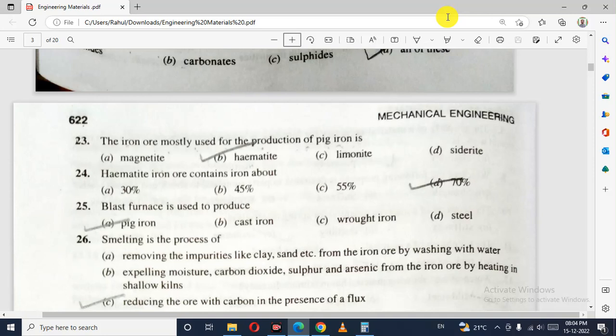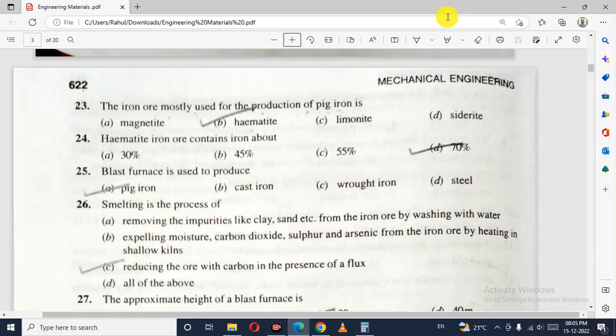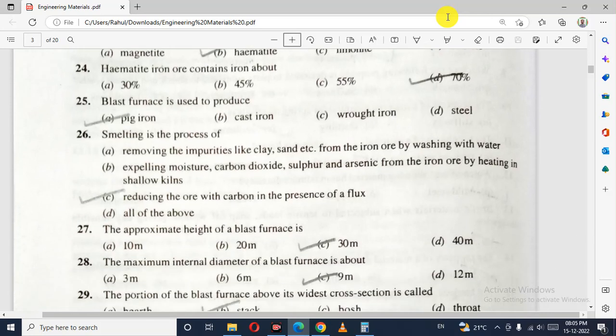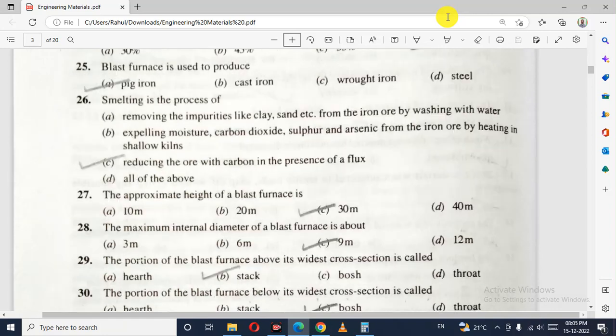produce pig iron. Smelting is a process to reduce the ore with carbon in the presence of a flux. The approximate height of a blast furnace is 30 meters. The approximate internal diameter of a blast furnace is about 9 meters.